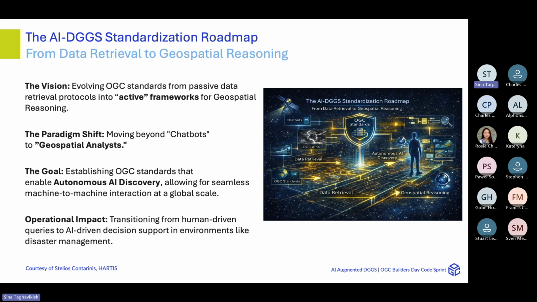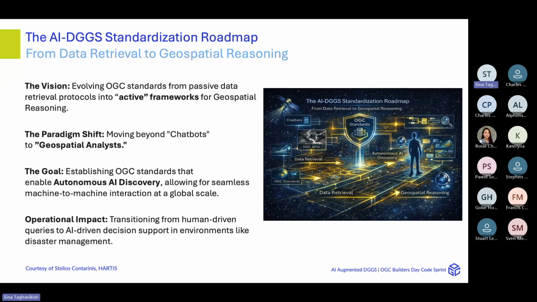So we need a paradigm shift. We need to move beyond chatbots to really geospatial analytics. Something that we touched the surface of, but we're far away from it. But at least we tried, and it proved that it's possible and workable.